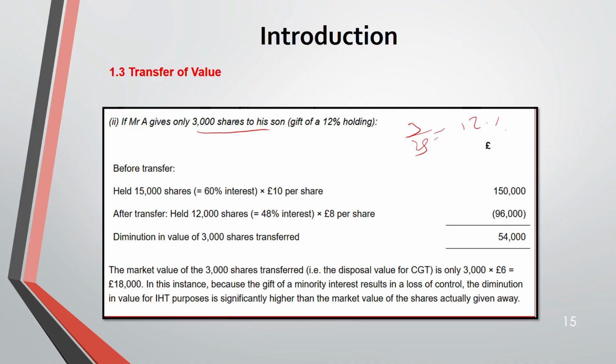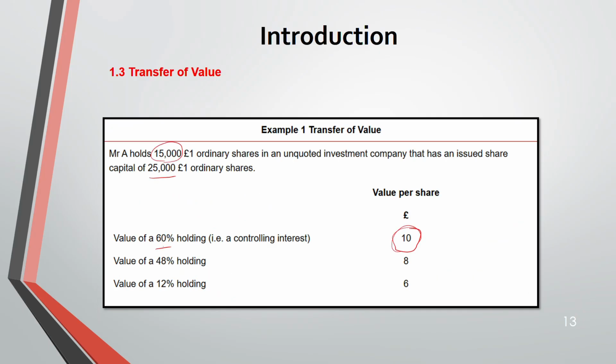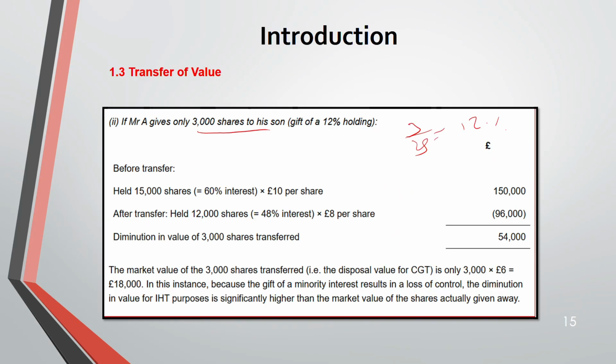At 12% holding, the value per share is 6. So you're giving away 12%. From 60%, if 12% goes, after the transfer you'll have 48% interest. At 48%, the share price is 8.